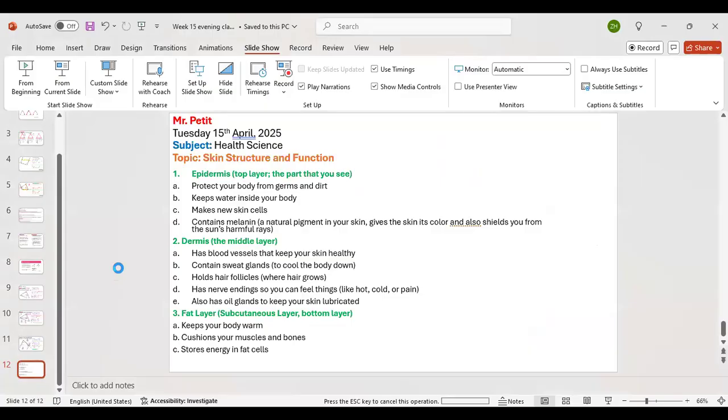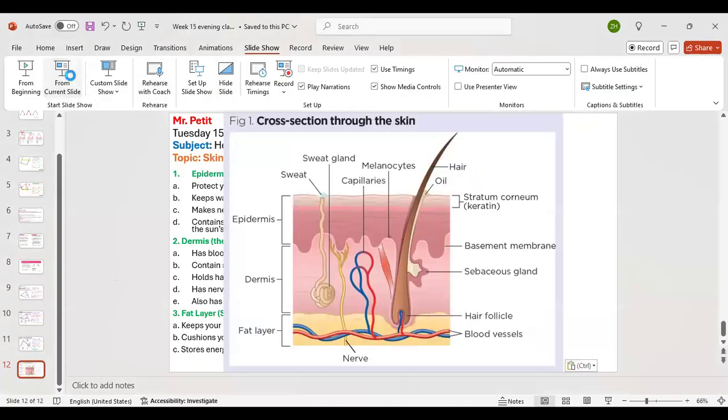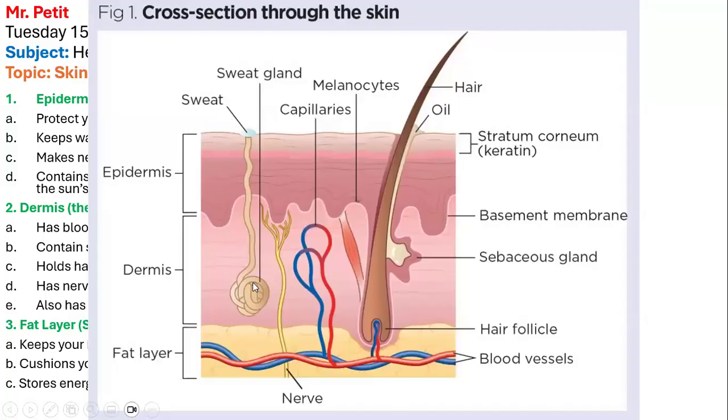So this one shows it. As you can see, this is the sweat gland, and sweat comes out from it. You have the nerves, nerve endings, and all that stuff. This is the hair follicle. You have the oil. This is the sebaceous gland, which is responsible for doing what?